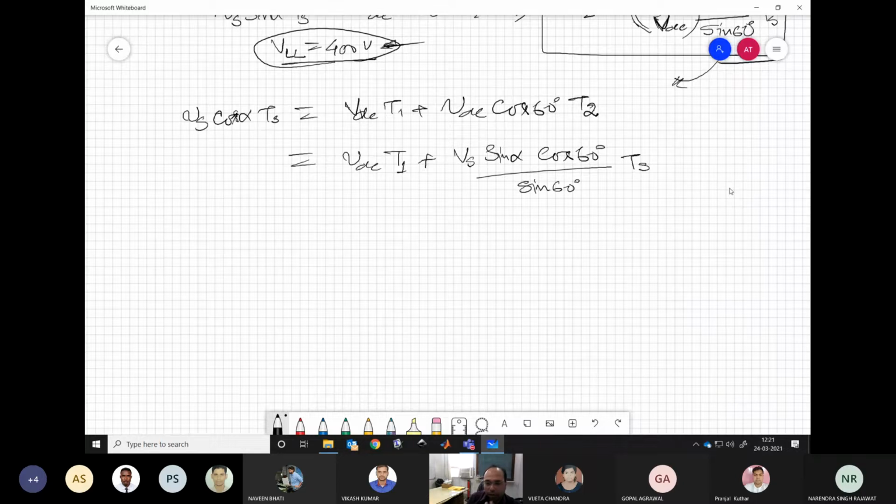So then if you shift the terms on one side, I will probably go to one of the final steps, so that we need not spend too much time. This is simpler, you can get on your own.